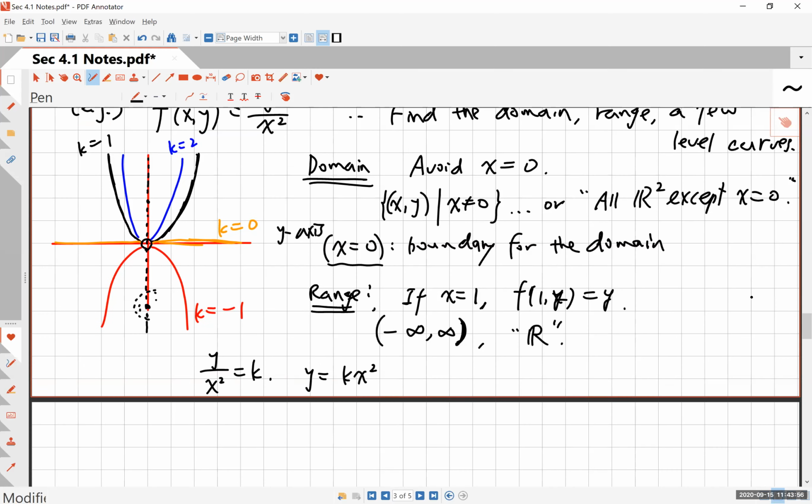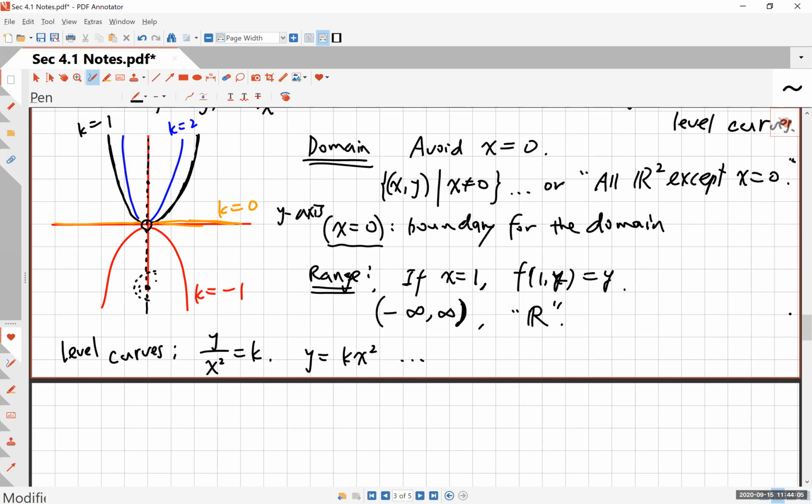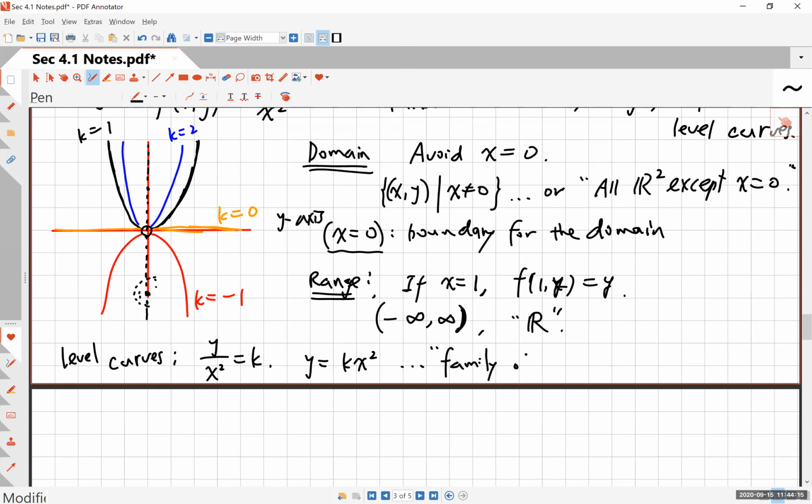If you have to describe level curves in your own language, in English, we use a nice word: a family of parabolas.